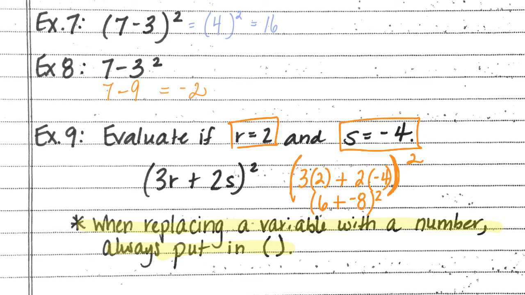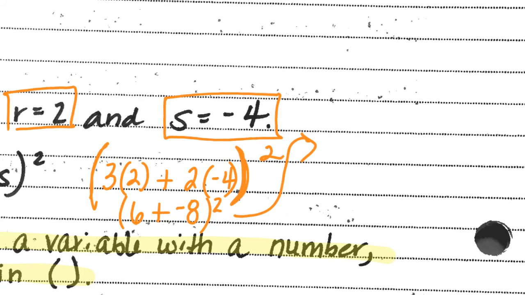We're going to square all that. And let's see, 6 plus a negative 8, we know is negative 2 squared. When it's in parentheses, the answer will be a positive 4. So don't drop your parentheses until you do. See how I did that? And then I drop the parentheses. I multiply and drop the parentheses.